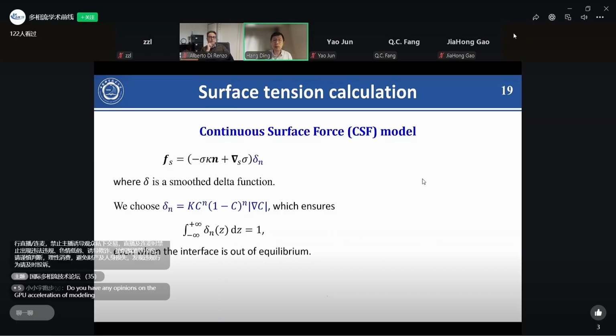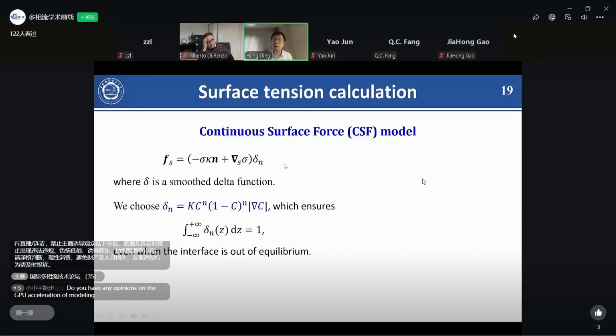Another thing I need to mention is the surface tension calculation. Because we use the continuous surface tension force, that means we replace the singular force at the interface by a volumetric force in the governing equation. What we do is we use this smooth delta function here.